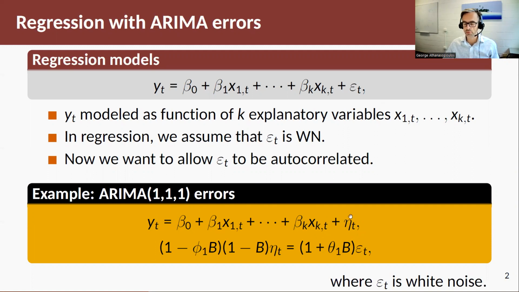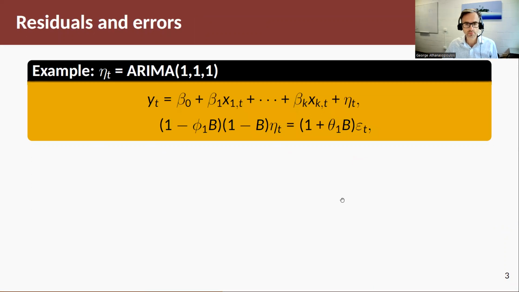Okay, and from these two, we do not assume that eta t is white noise. It has dynamics, defined by the second equation here. What we assume is that this epsilon t that drives the second equation is the white noise process. And we're going to specify and estimate these simultaneously in one system.